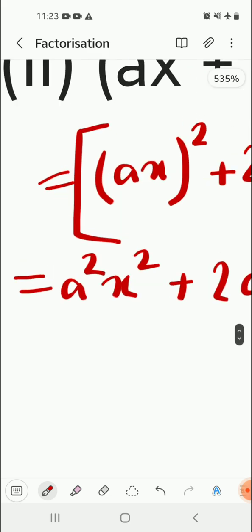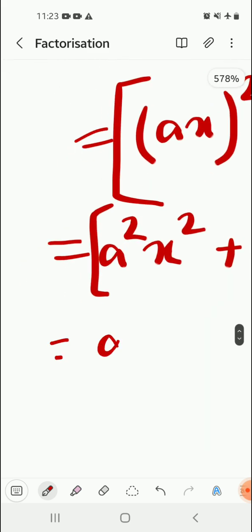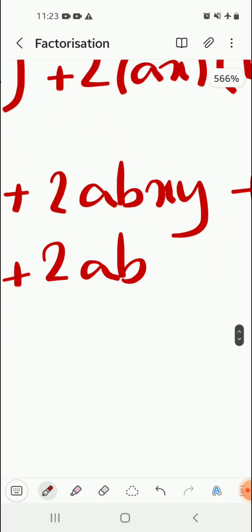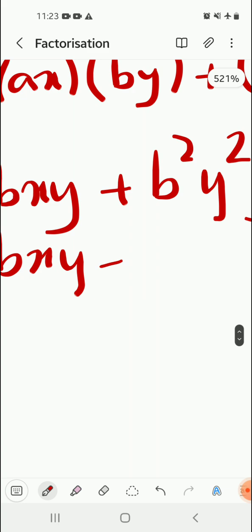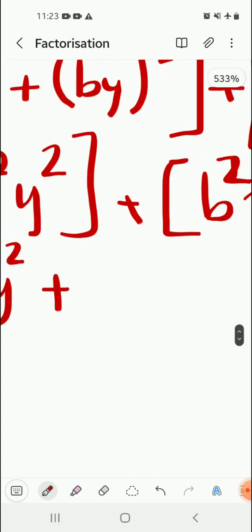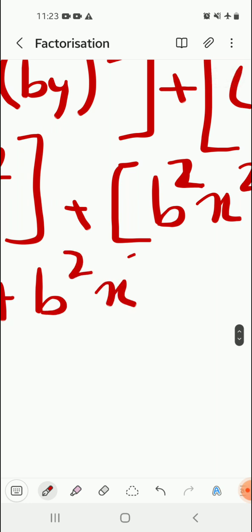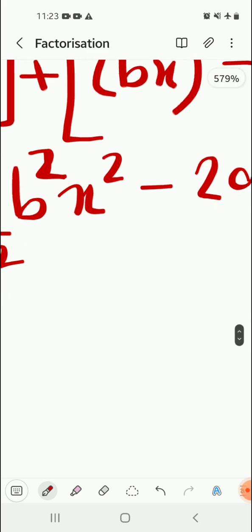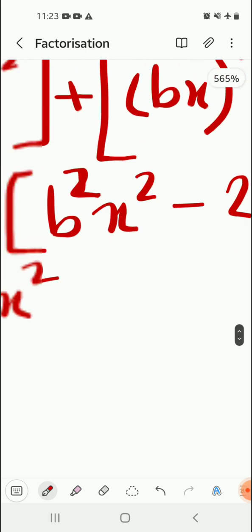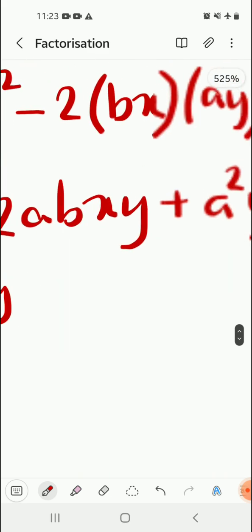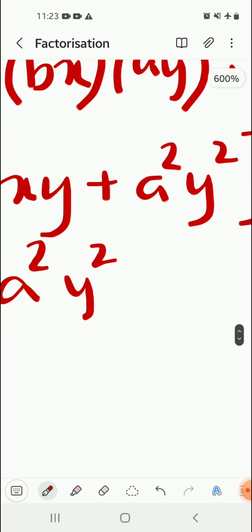Removing the bracket, we get a square x square plus 2abxy plus b square y square plus b square x square, again minus 2abxy plus a square y square.